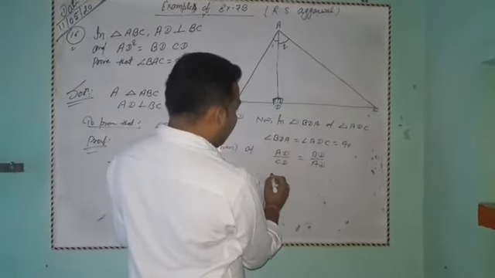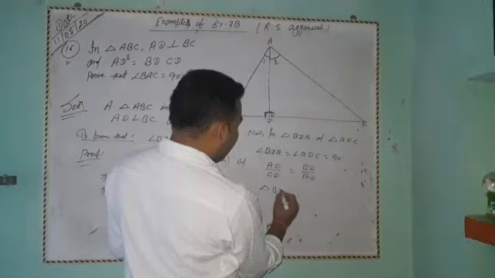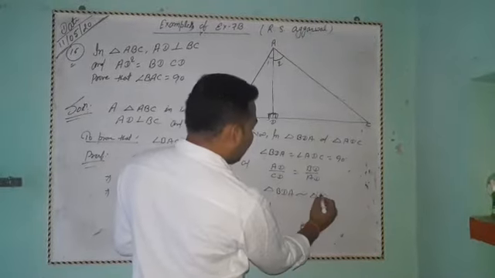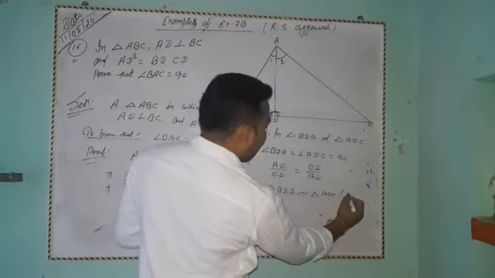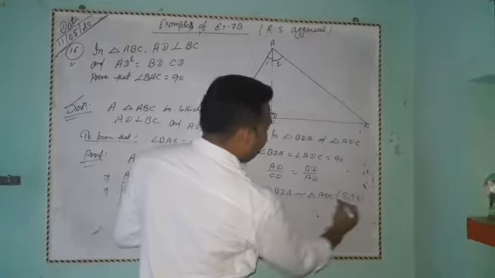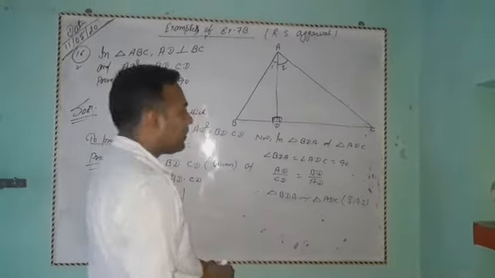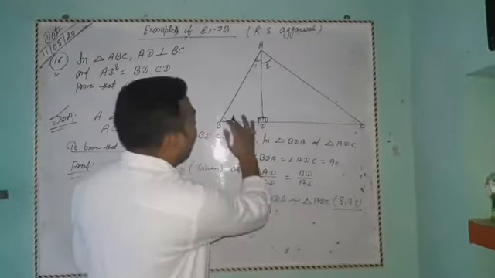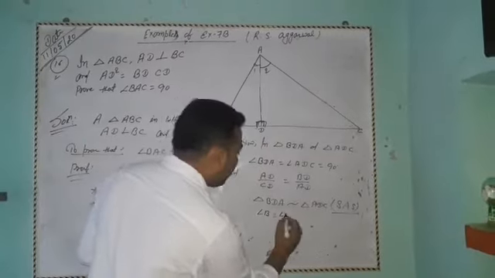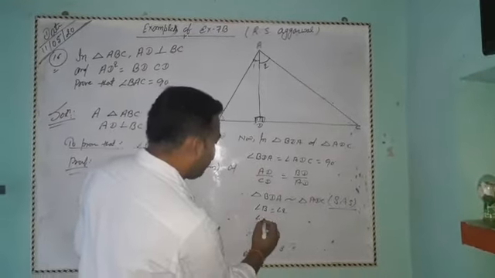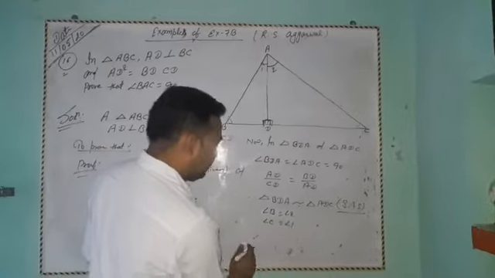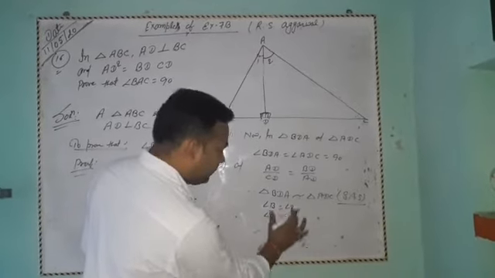So triangle BDA is similar to triangle ADC. Angle B equal to angle 2 and angle C equal to angle 1.